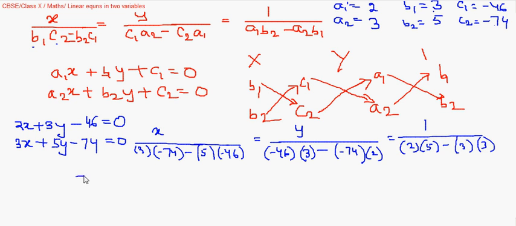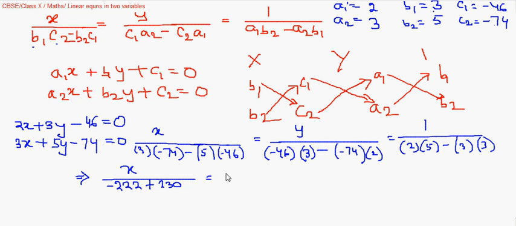If we remove the brackets and start solving, 3 into minus 74 is minus 222, and minus 46 into 5 gives minus minus 230, so minus 222 plus 230.